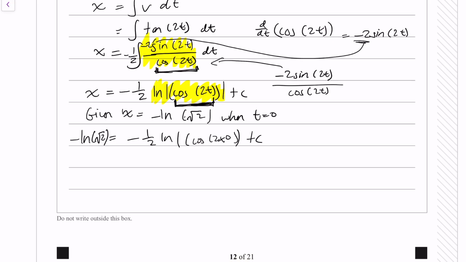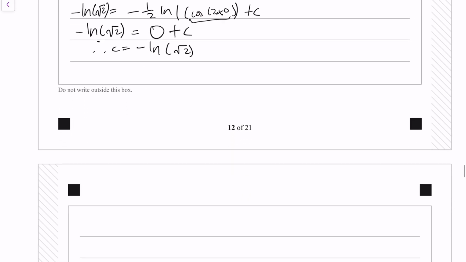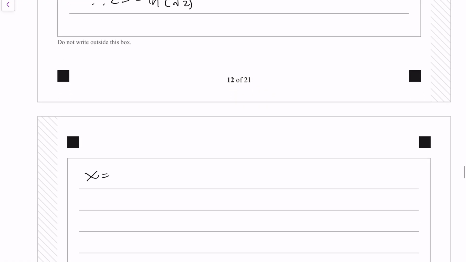Let's see, because I'm trying to find my c value. So negative ln square root of 2 is equal to negative half. I know cos of 0 is just 1, so ln of 1 is just going to be 0, so that's going to be 0 on that side, plus c. And I know that when I'm taking a negative, c can just be negative ln square root of 2. Okay, that'll give me the marks anyway. And then now I can just rewrite the displacement.